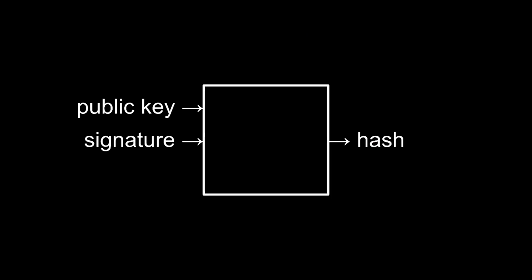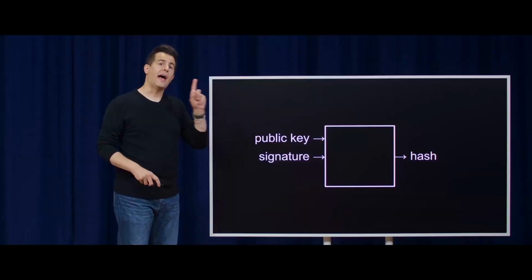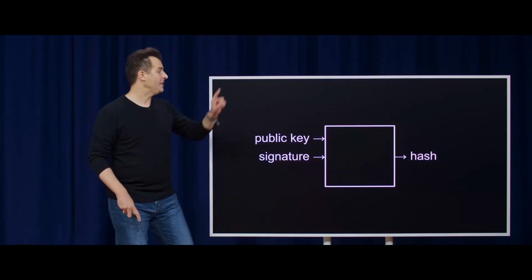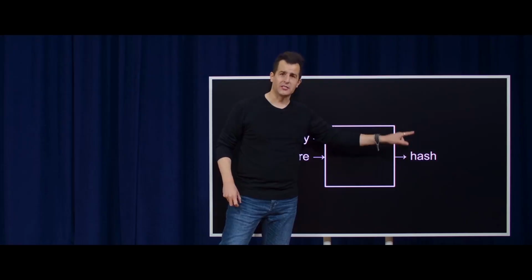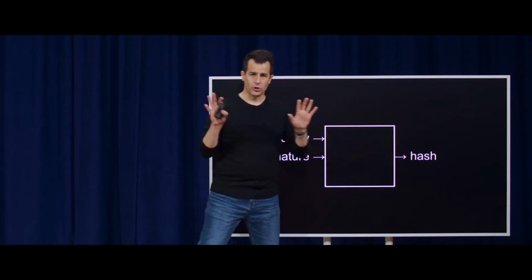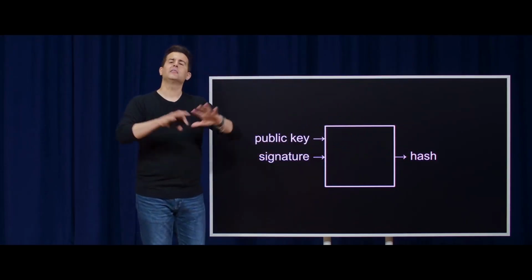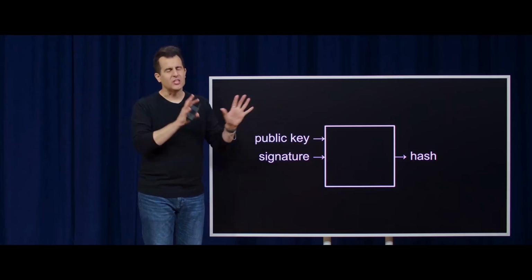But then what do you do? You then take the public key of the person who signed this document, you take the signature that they claim is their signature, and you decrypt their signature with their public key. That should output the exact same hash that you just calculated. So to summarize, the message itself, the document in this story, is public.